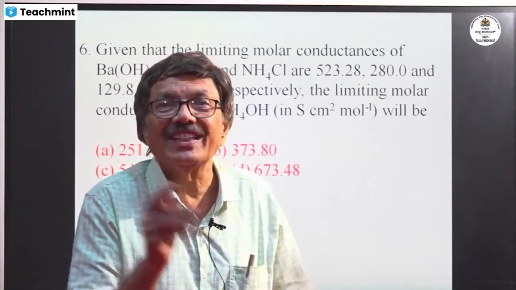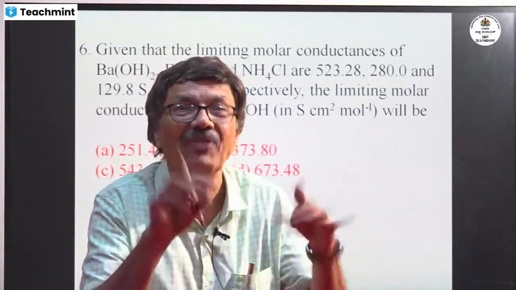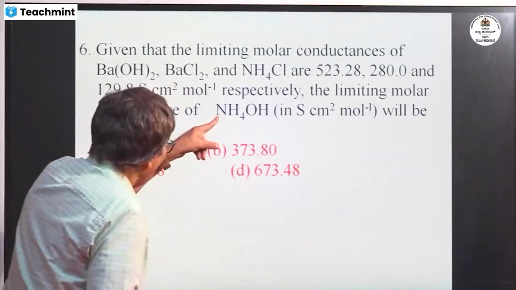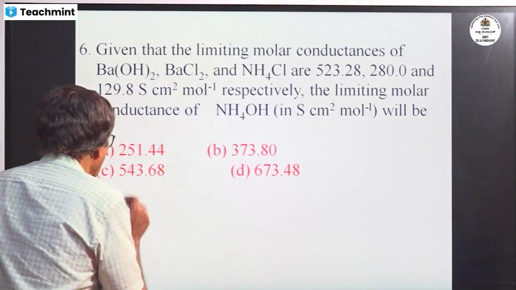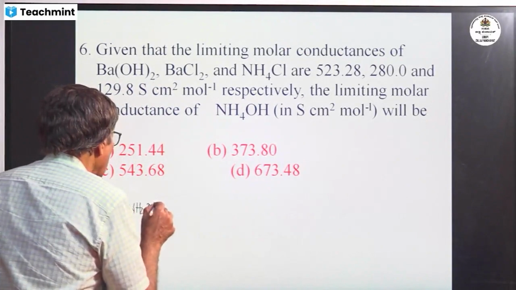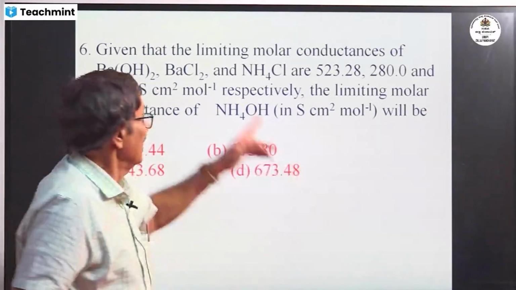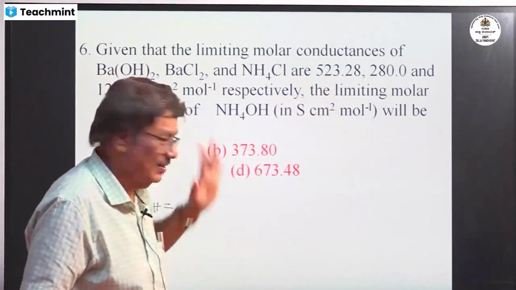There is no hard and fast formula for this. You have to frame a formula. Just see here, they have asked the limiting molar conductivity of ammonium hydroxide, using the limiting molar conductivity of the given electrolytes.